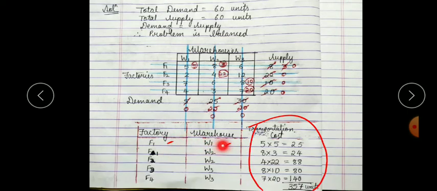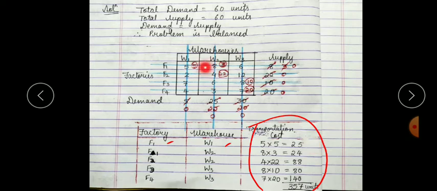F1 to w1, this represents this. So what is this? 5 into 5. Okay, like in a previous problem. So 5 into 5 is 25. 5 units at the rate of 5 rupees per unit. So total cost is 5 into 5, that is 25 rupees.